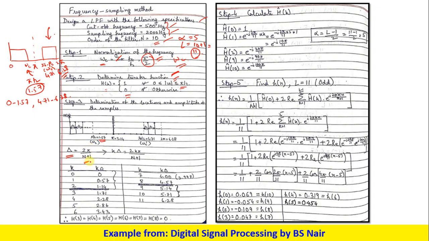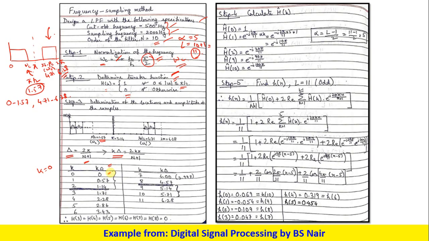At what positions should these points be? These points should be at k delta positions, that means 2 pi k divided by N plus 1. When the value of k is 0, k delta would be 0.